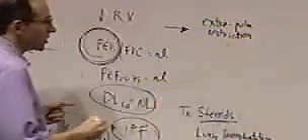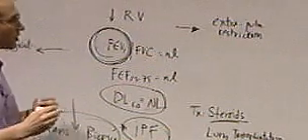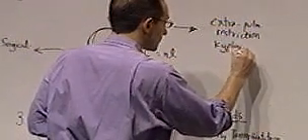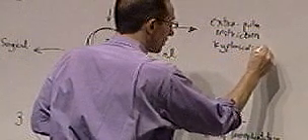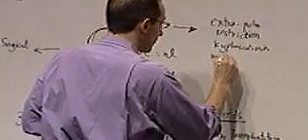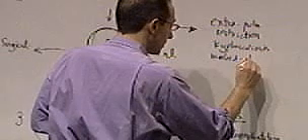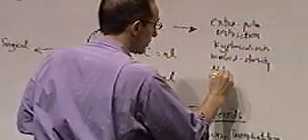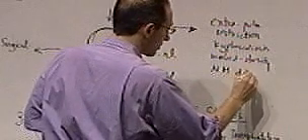Extrapulmonary restriction occurs in people that have severe kyphoscoliosis. They have morbid obesity. And sometimes in people that have neuromuscular disease, like myasthenia gravis, MS, Guillain-Barré, and so forth. So look at this.